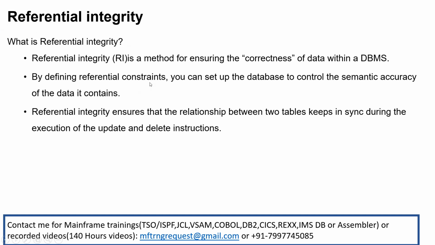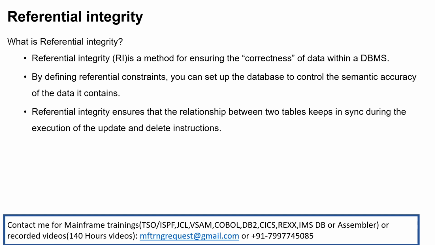By defining referential integrity constraints, you can set up the database to control the semantic accuracy of the data it contains. And referential integrity ensures that the relationship between two tables stays in sync during execution of update or delete instructions.